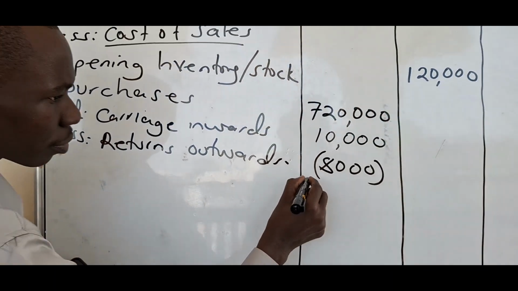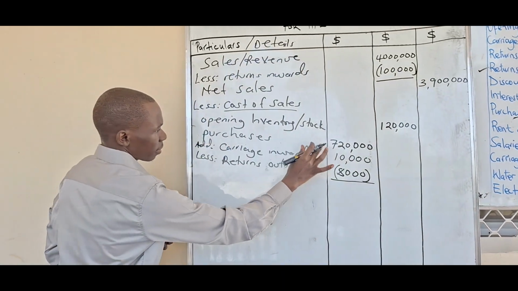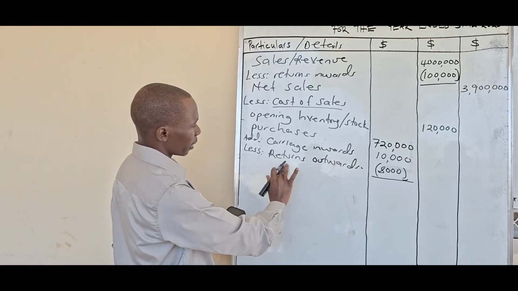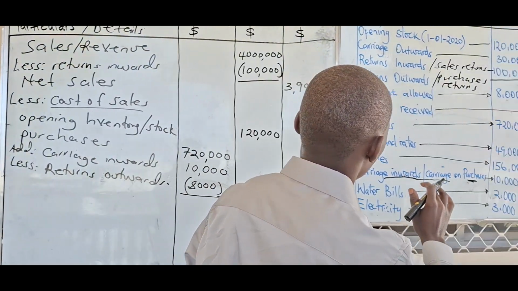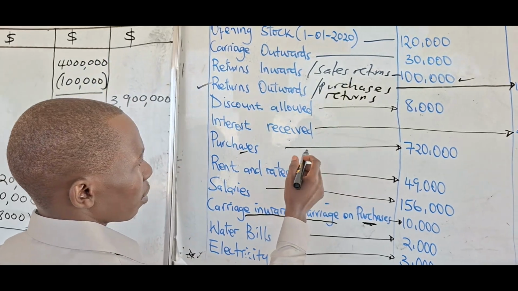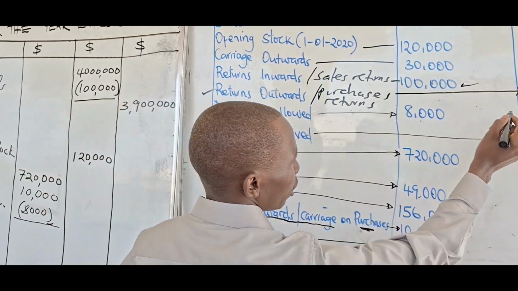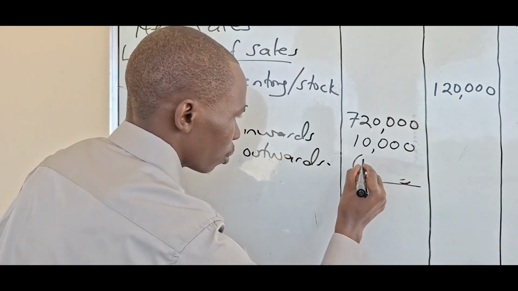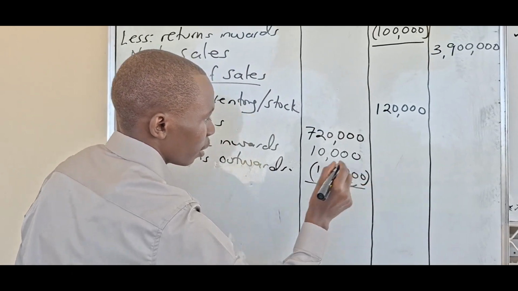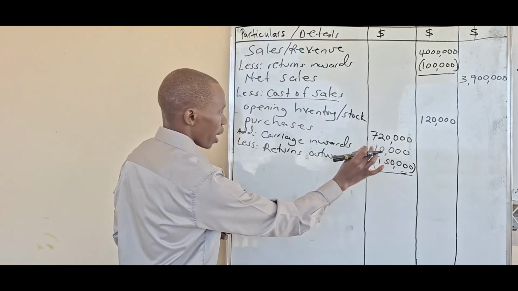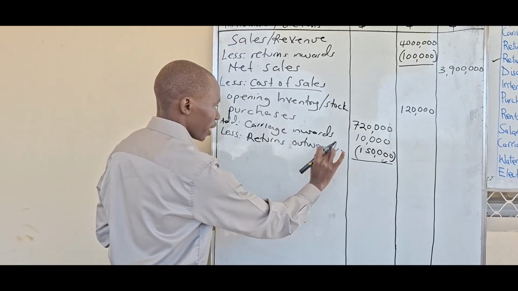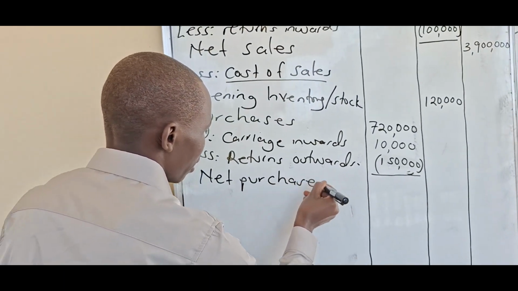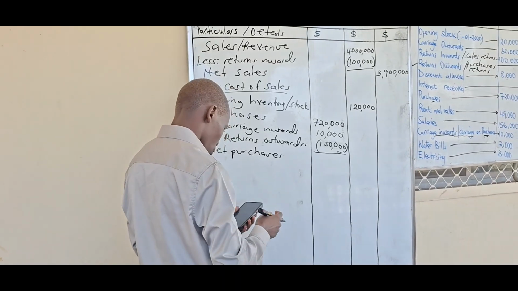When you look here, our returns outwards or purchases returns is not 8,000, but 150,000. So when you get your purchases, you add carriage inwards, you subtract returns outwards, automatically you get what we call net purchases.